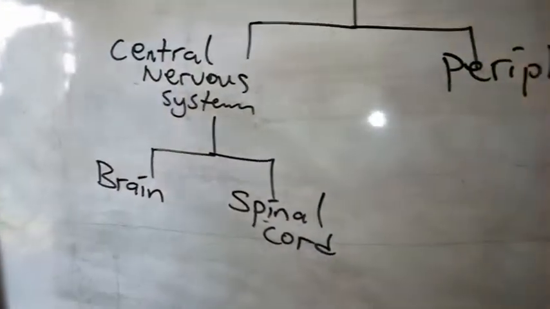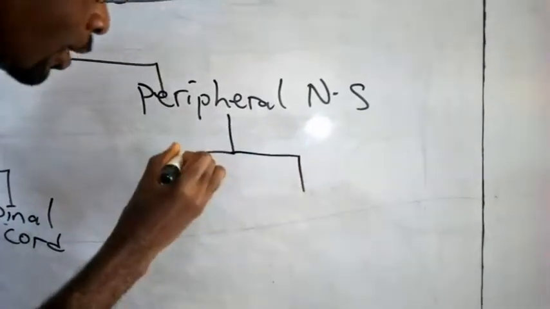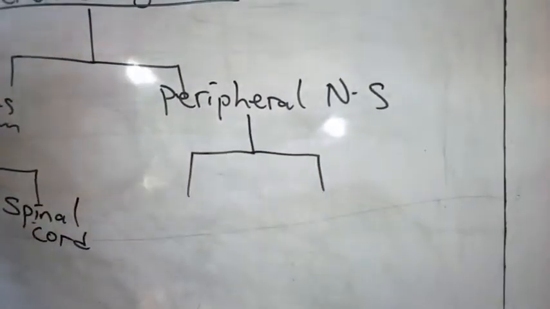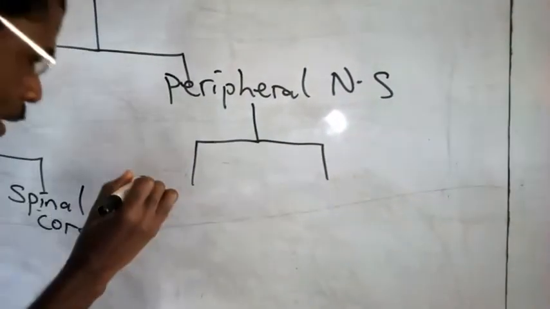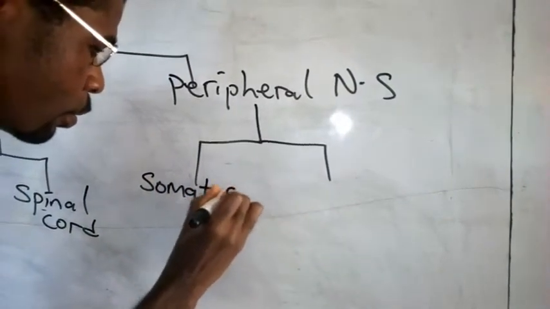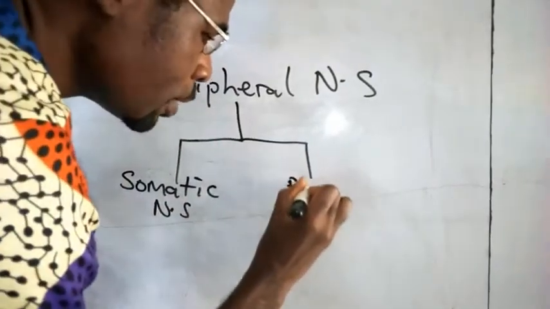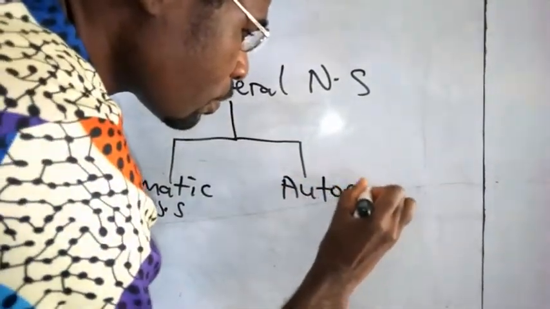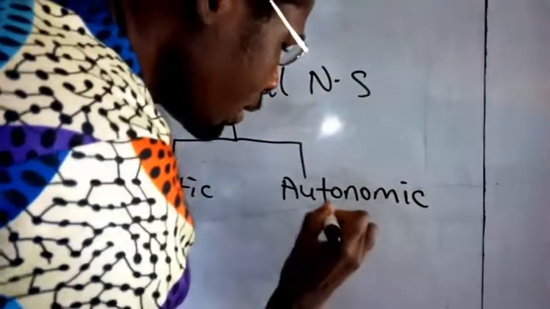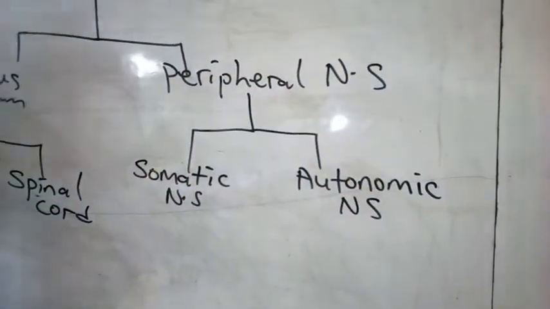Then we go to the peripheral nervous system. The peripheral nervous system, on the other hand, is further divided into two groups, where we have the somatic nervous system and autonomic nervous system. I'm going to explain further, just follow me as I go.